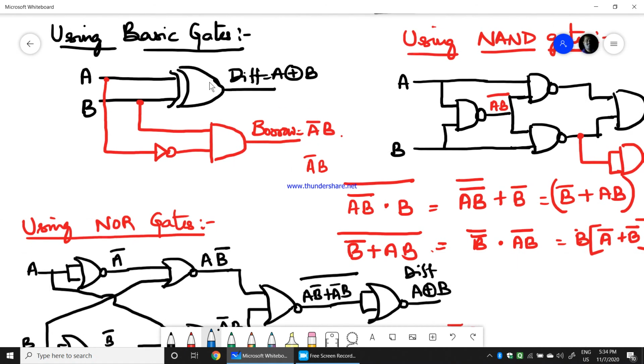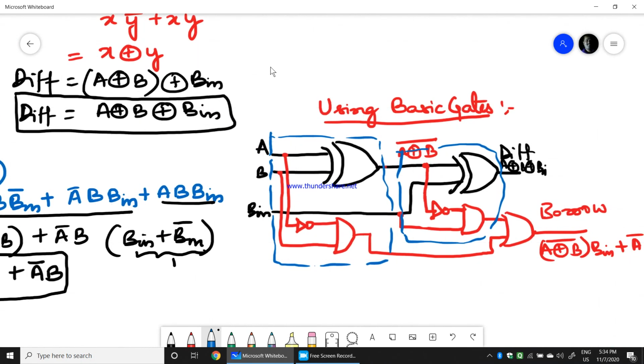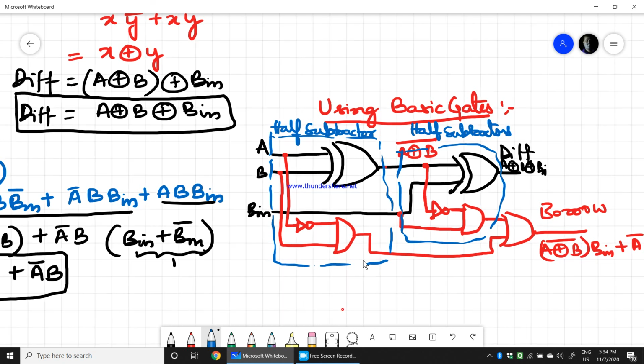Therefore, I can justify that the full subtractor is a combination of two half subtractors, where the outputs of the two are given to an OR gate to give the borrow. This is the full subtractor using basic gates.